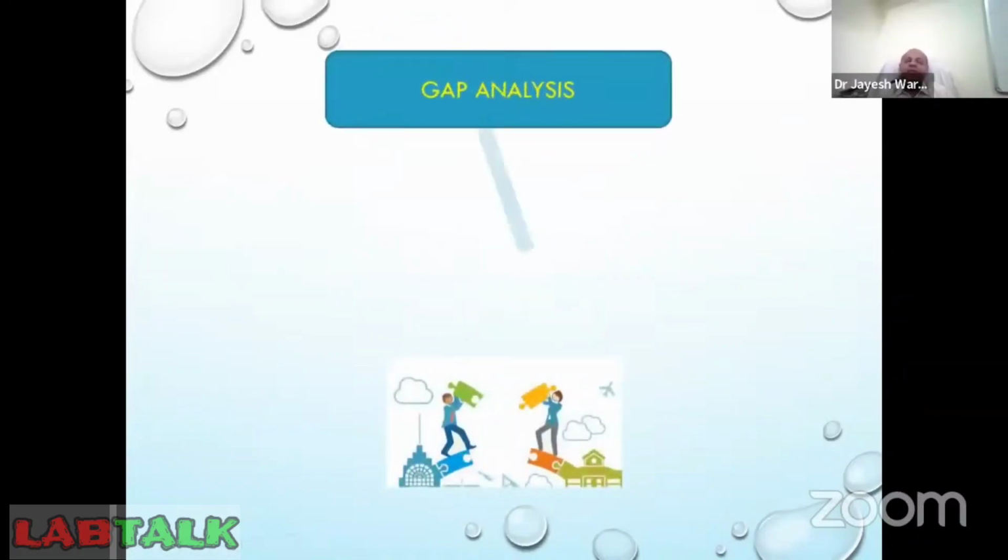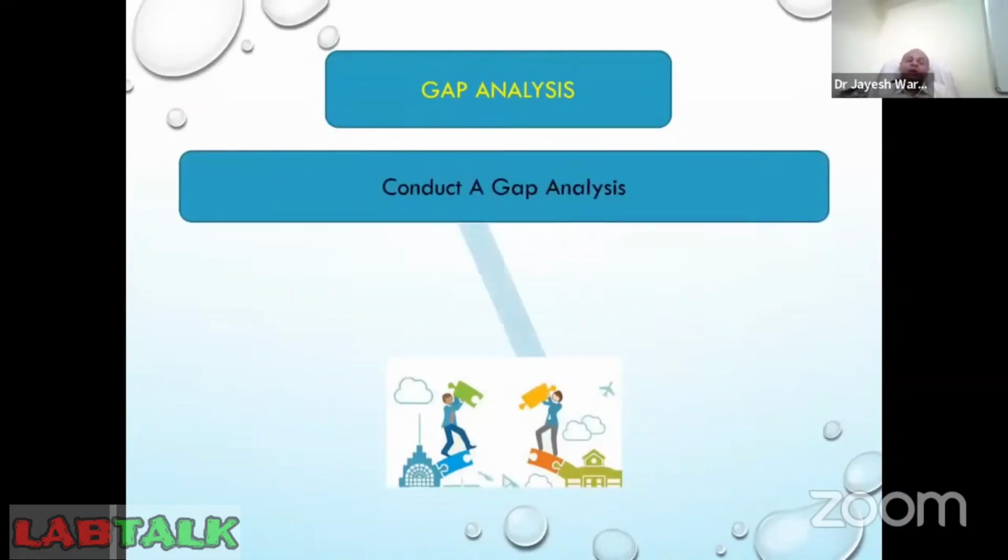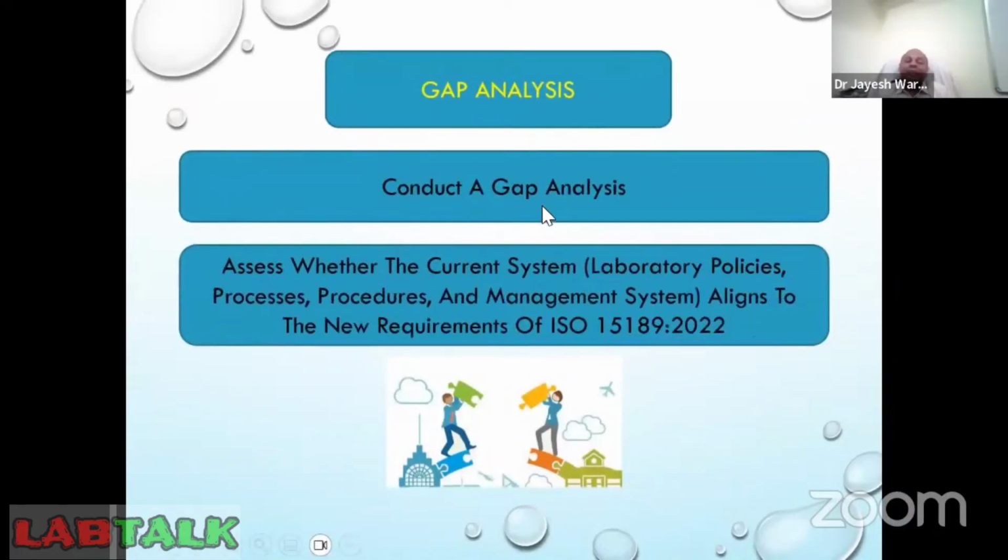Now, how are you going to do it? You need to conduct a gap analysis. How can it be conducted? You have to assess the current systems. You must be aware of the current policies, processes, procedures, and management systems of your laboratory as per the previous requirement, and see how you can align them with the new requirement.